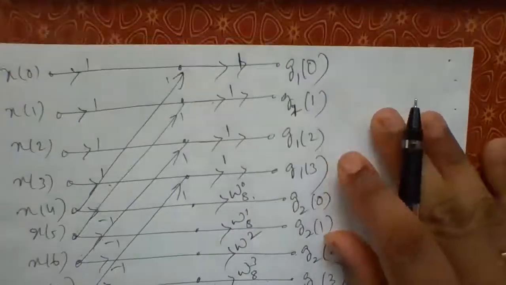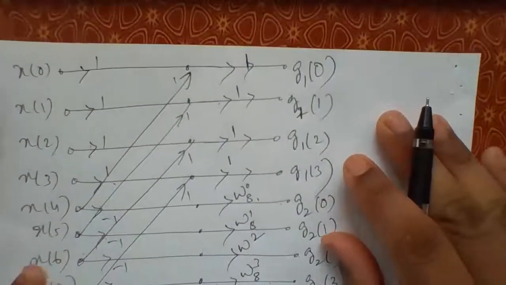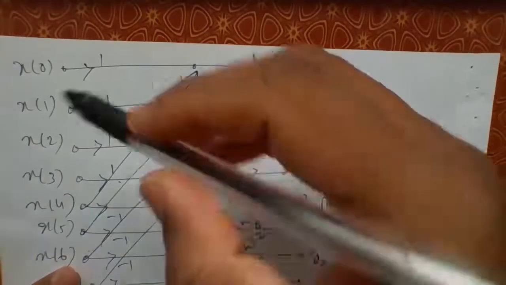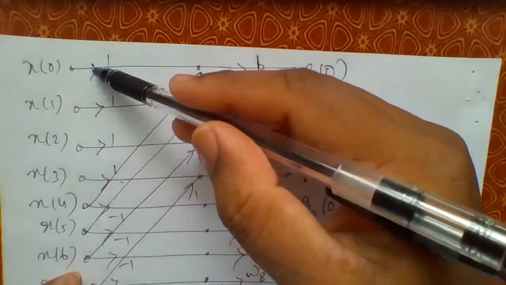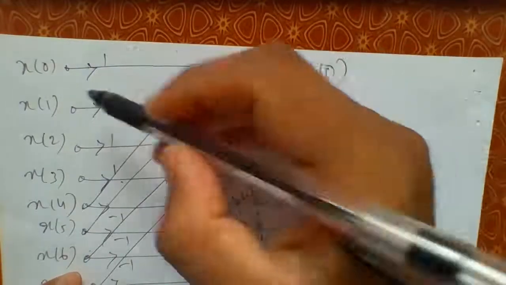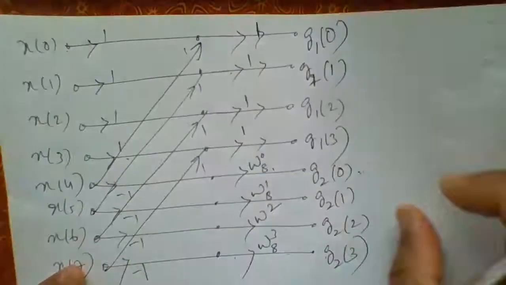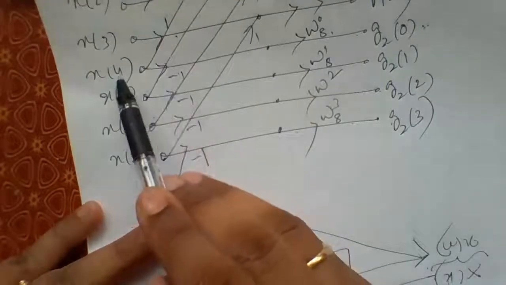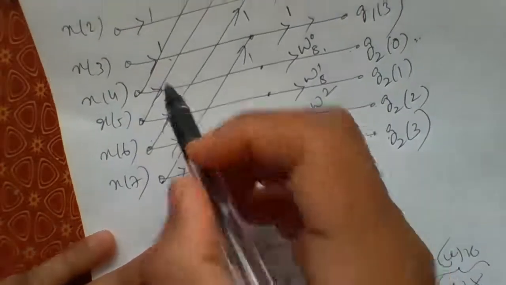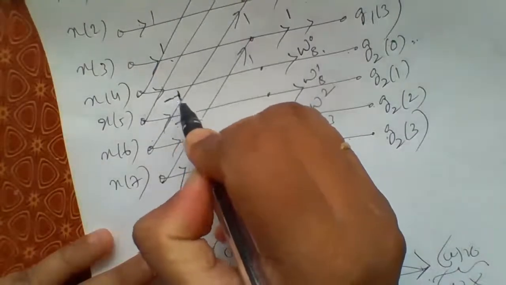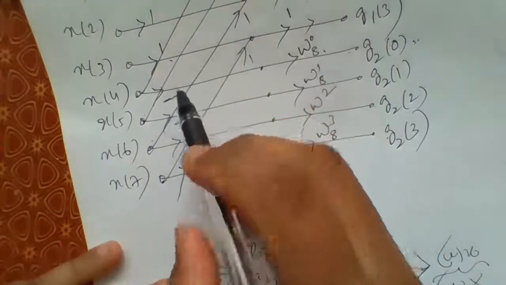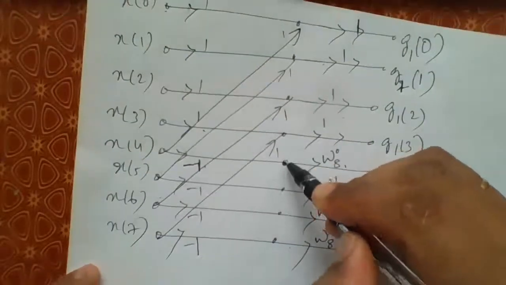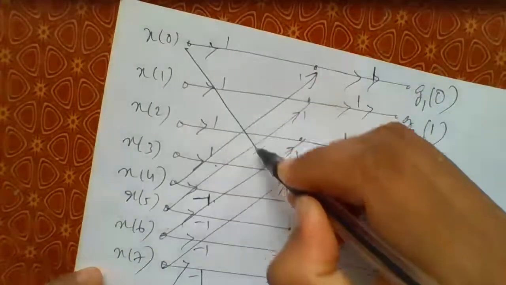So they are all the differences. The first one, g2 of 0, is the difference between x of 0 and x of 4, that is x of 0 minus x of 4. So x of 4 signal will be multiplied by minus 1, already marked on the signal flow graph. It will become minus x of 4. So simply this node has to be connected with x of 0, that's all.